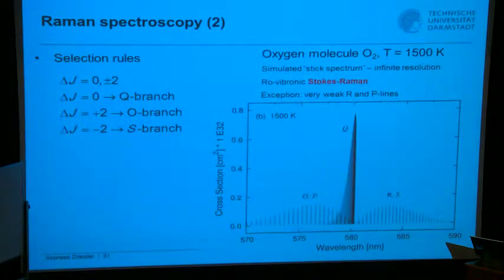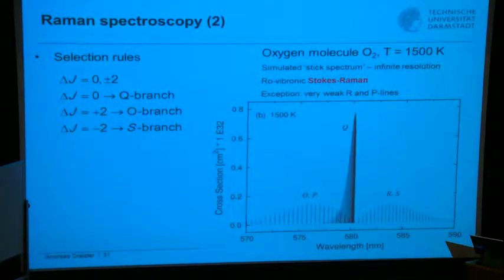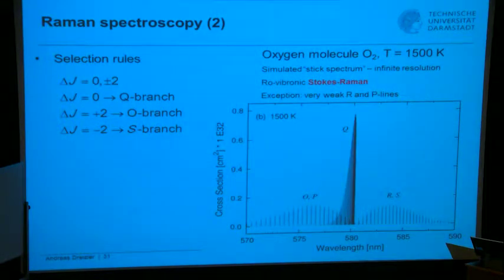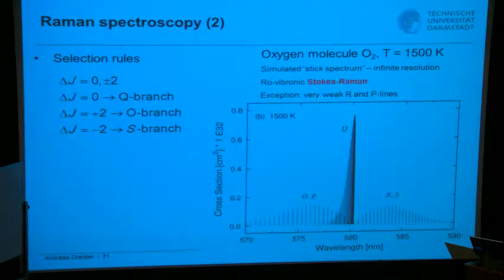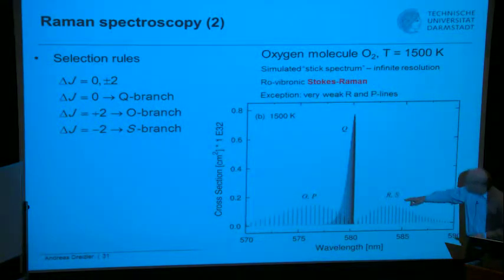Before, in absorption, it was plus minus 1, here it's plus minus 2. These are now called the O branch for minus 2 and the S branch for plus 2. They are much weaker than the Q branch, and here you see an example of a calculated spectrum at 1500 Kelvin of O2, where you have the Q branch, and here you have the S and the O branch, and there are some remaining lines.